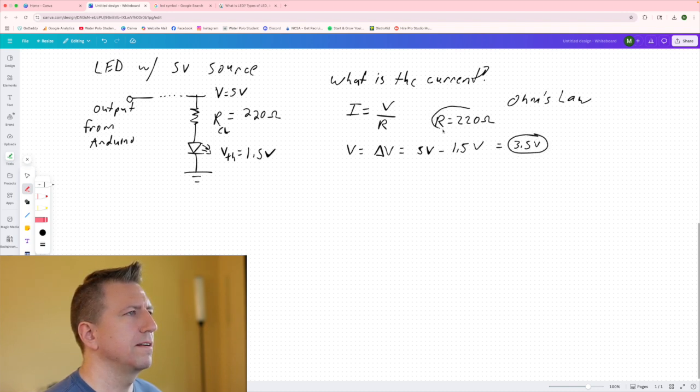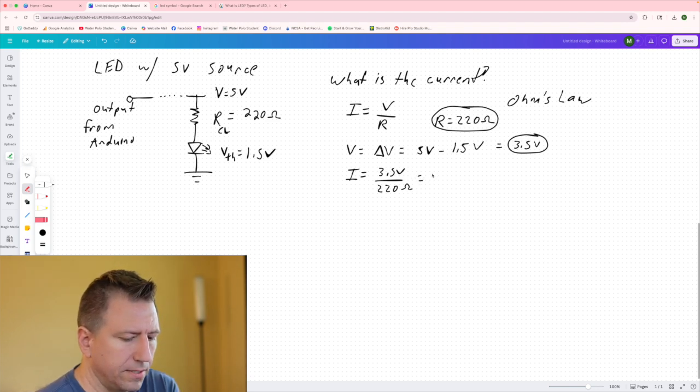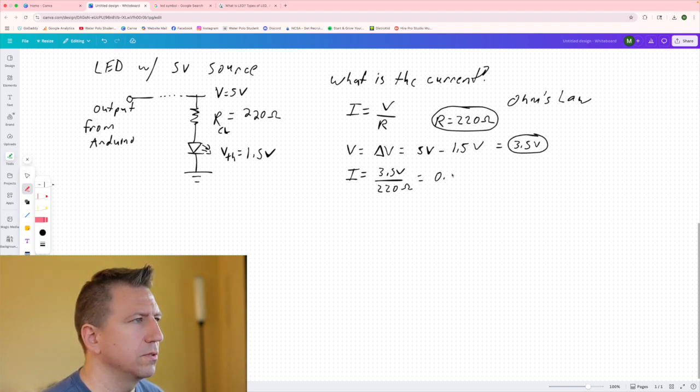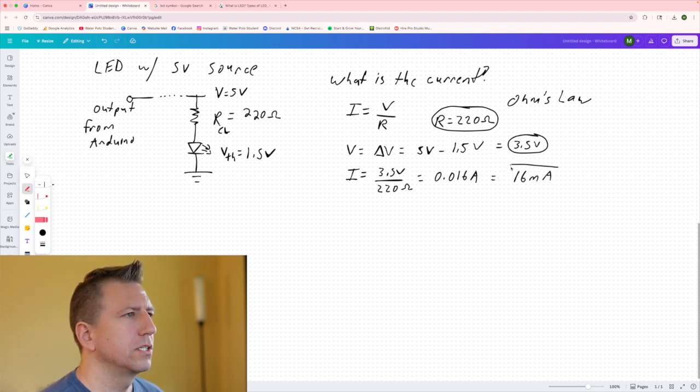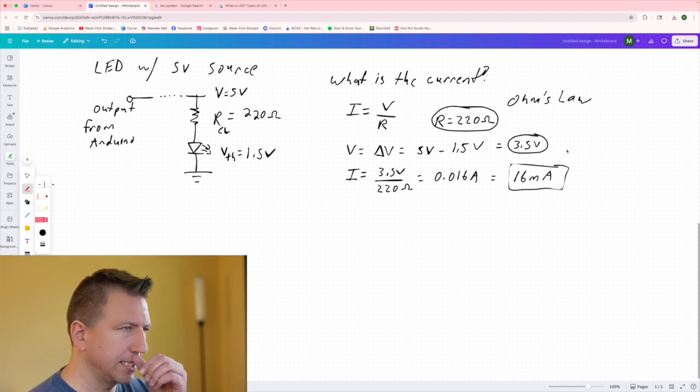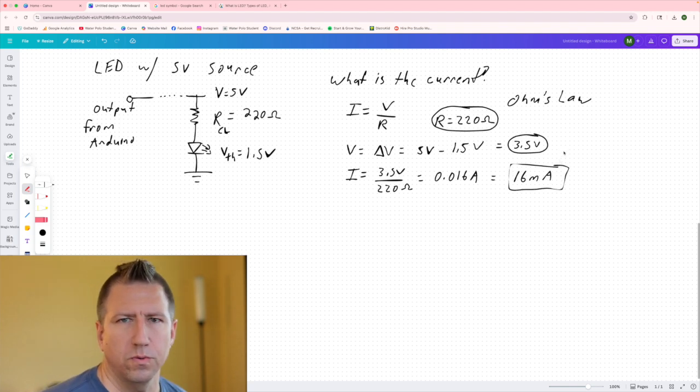So we have 3.5 volts, and we have 220 ohms. So we can find the current as 3.5 volts over 220 ohms. And if you do that calculation, you get approximately 0.016 amps, which we would call 16 milliamps. So it's not quite 20 milliamps, it's 16 milliamps, which is quite close to 20 milliamps.